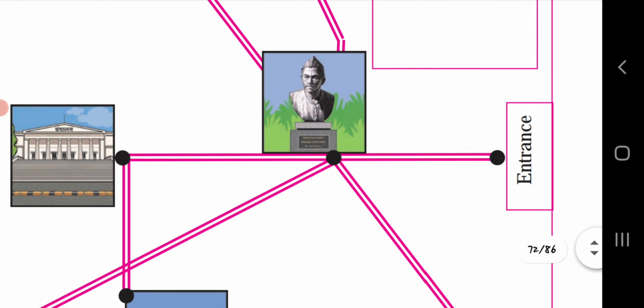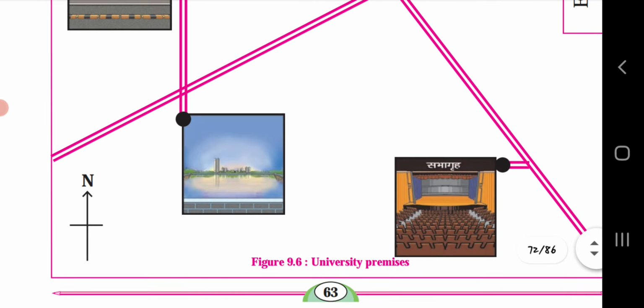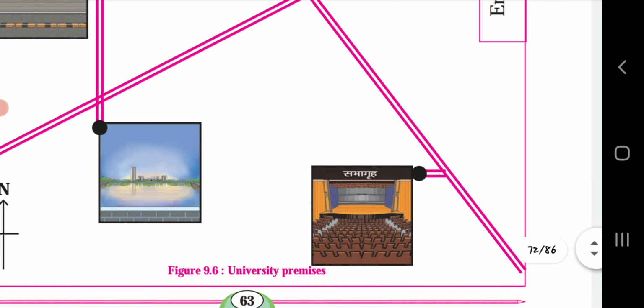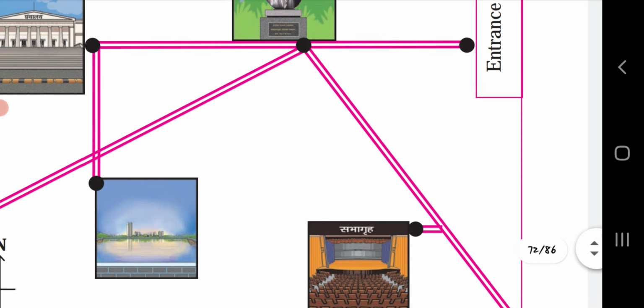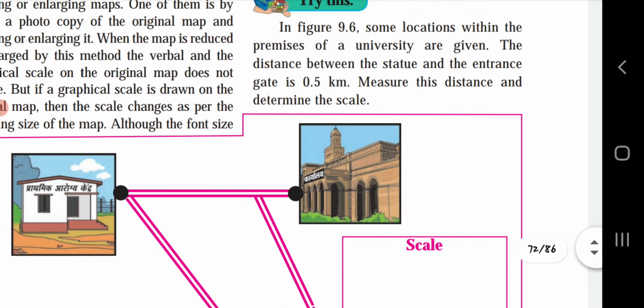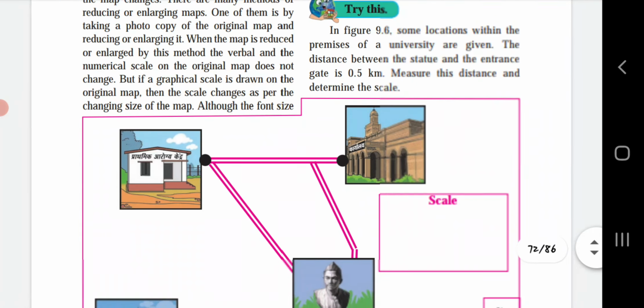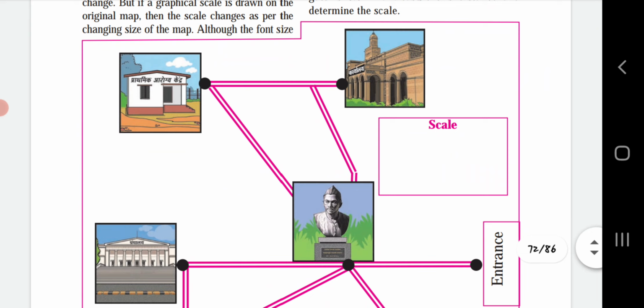Granthalay, a statue and an entrance gate are given. I think a river is there. Another one, a Sabhagruha. According to it, we have to measure this distance and determine the scale. You have to take out your scale and, on your textbook, start measuring these points.